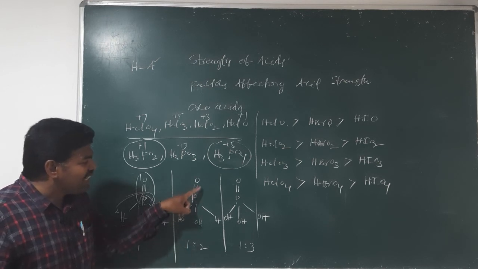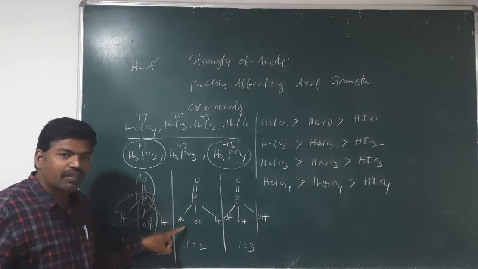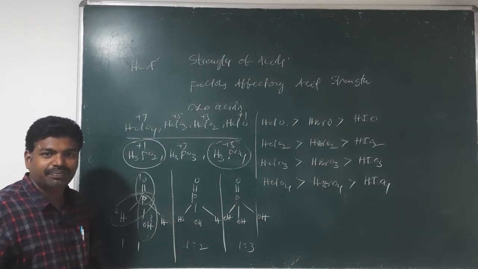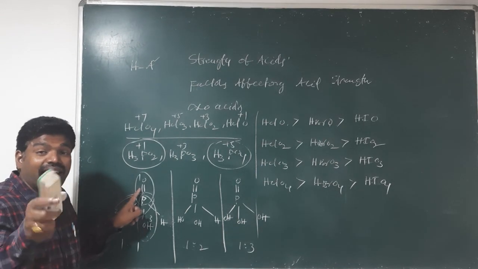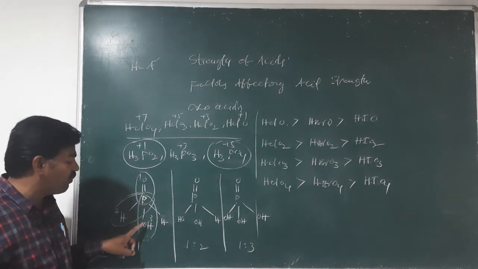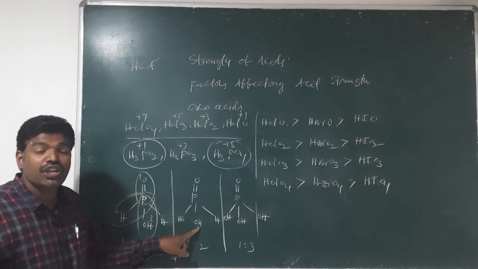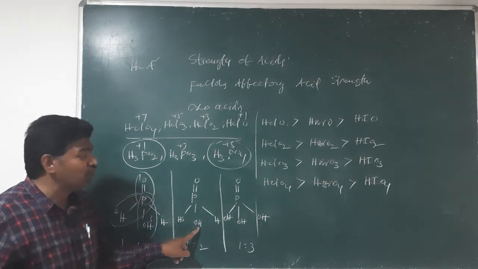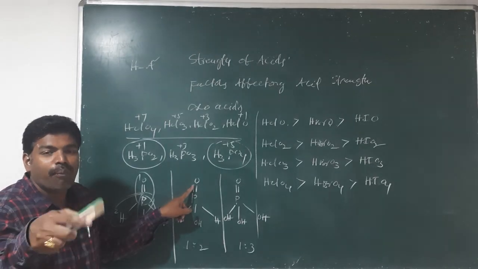So, it is incapable of inducing the polarity in these 2 groups. But here only one P=O group induces polarity in one P-OH group, but here the number of P-OH groups increases. So, its ability decreases in inducing the polarity.